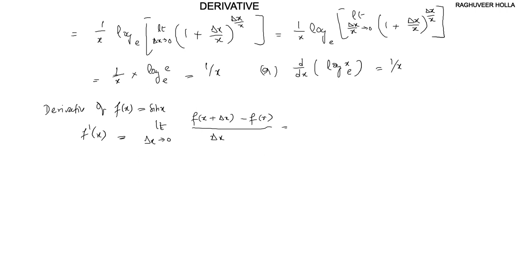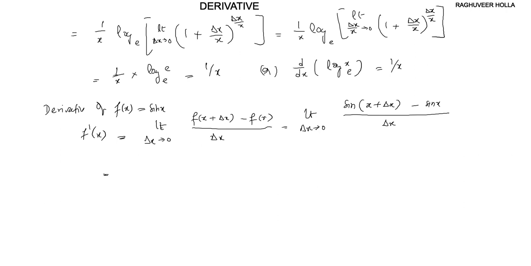So let us substitute that. So limit as delta x tends to 0 sine x plus delta x minus sine x divided by delta x.